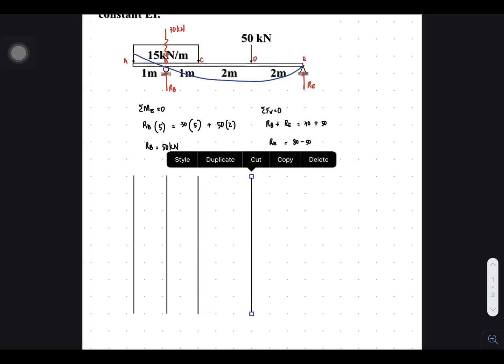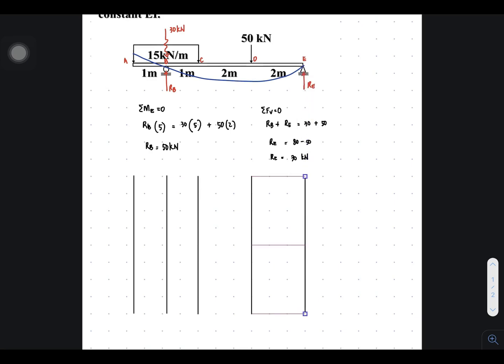And then for this. And then do not forget to write a 0 moment line. Okay.